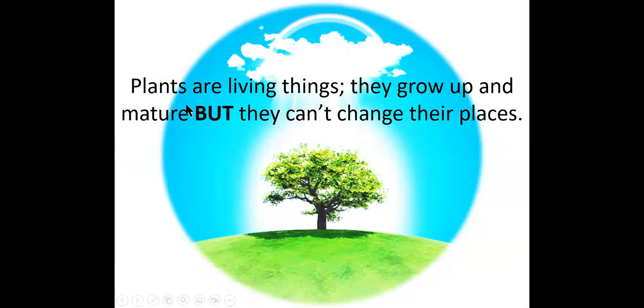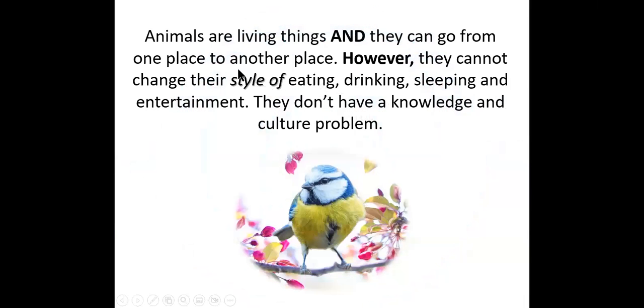We know that plants are living things. They grow up and mature, but they can't change their places. Animals are living things, and they can go from one place to another place.